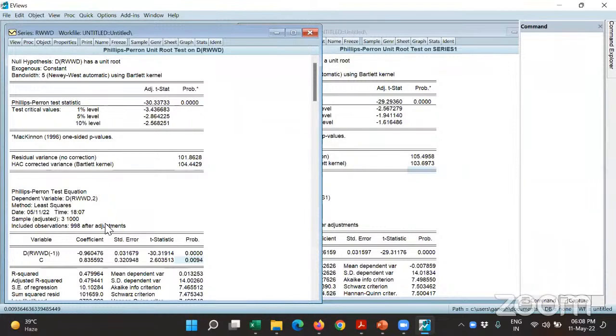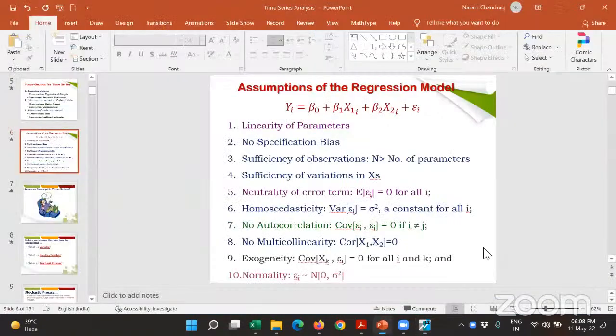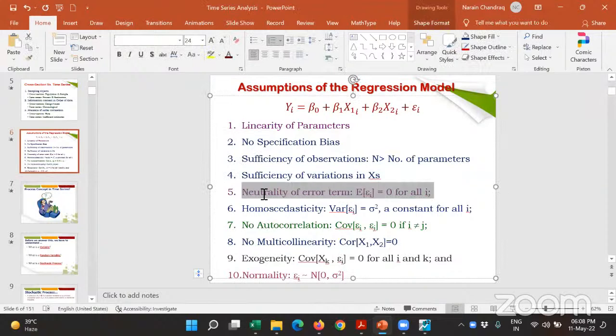As far as possible, you must keep the constant in your model, because among many other things, that also helps in upholding assumption number 5, the neutrality of the error term, that the mean of the error term will be equal to 0.